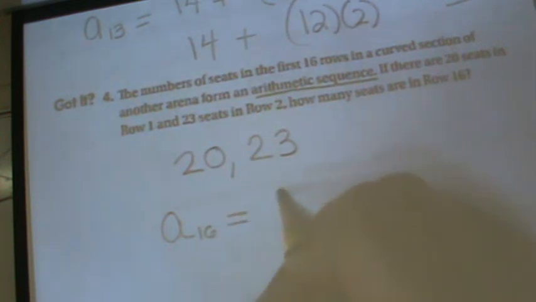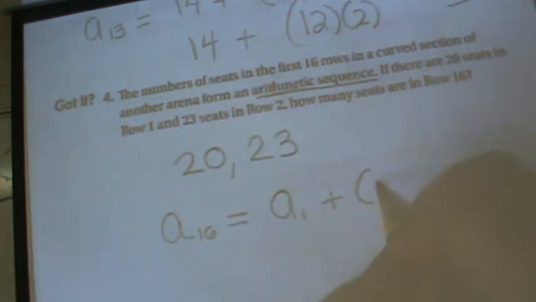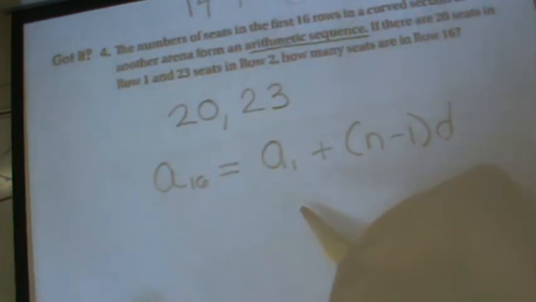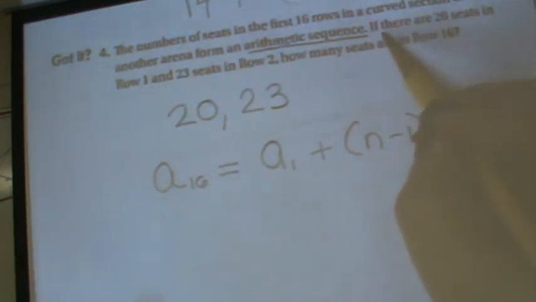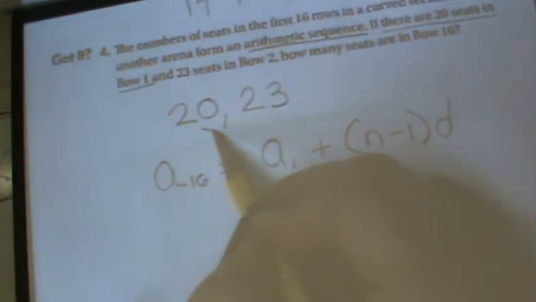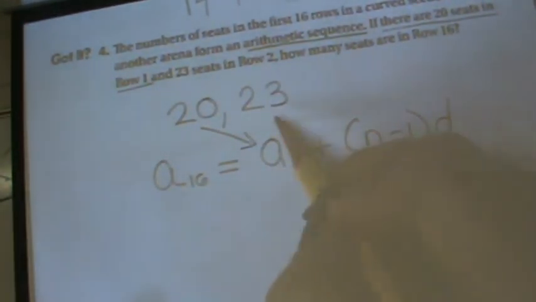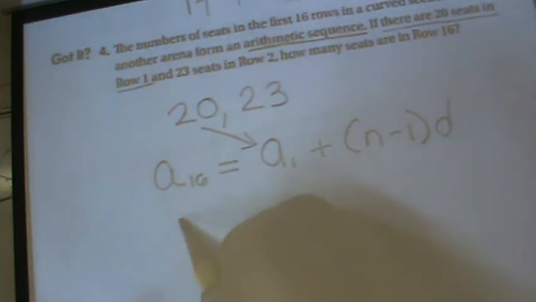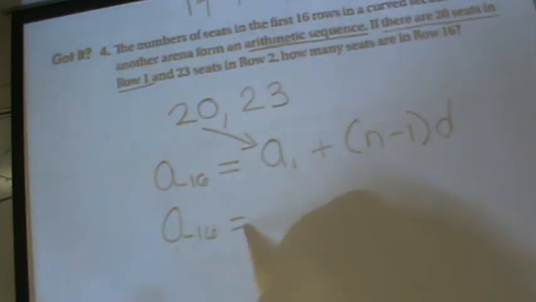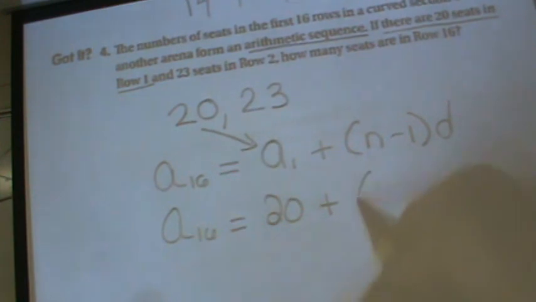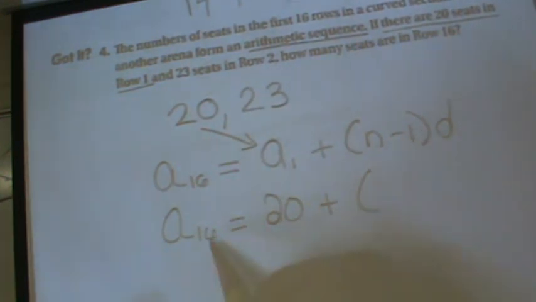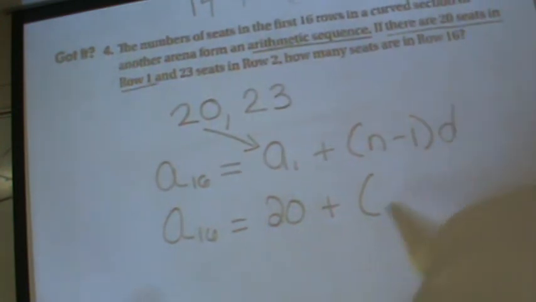20 plus, and then in parentheses, 16 minus 1 times 3. Wait, how'd you get that? Oh, you're looking for the 16th. You've got to read this. In row 1, it's 20. In row 2, it's 23. So n minus 1. I'm looking for the 16th row, so I'm going to do 16 minus 1.